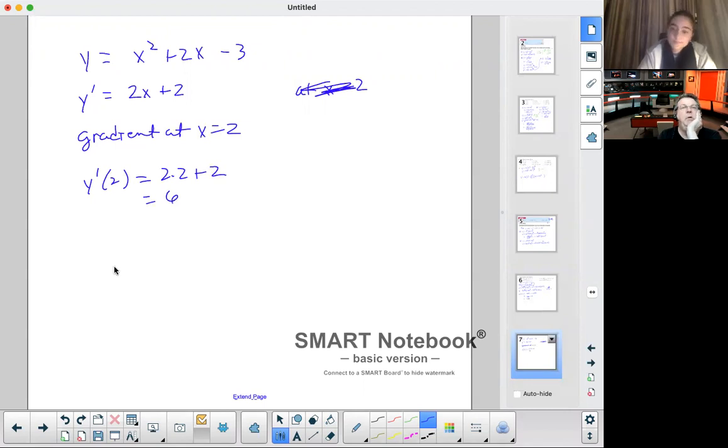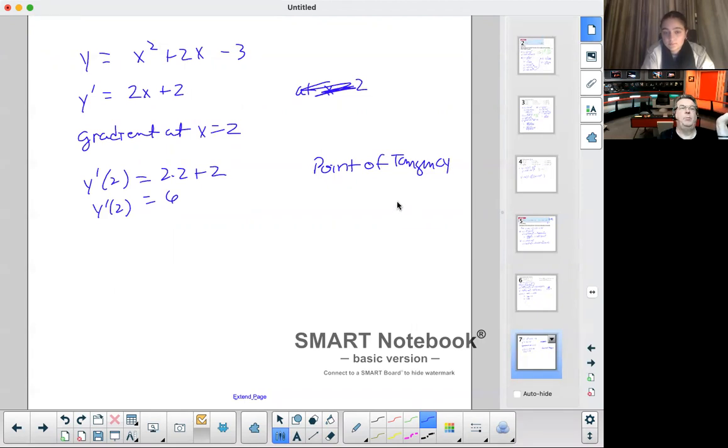So the other thing I'm going to do now is find the actual coordinates of this point on the curve. We did this in class. So I know the slope at 2 is equal to 6, right? When x equals 2. So that would be the point of tangency that we're interested in.